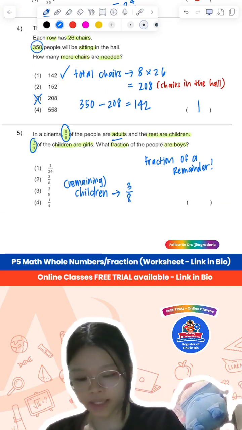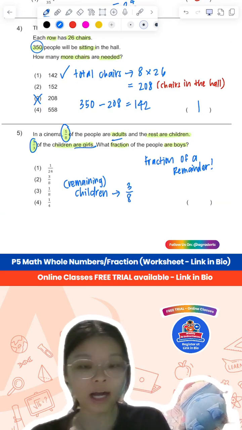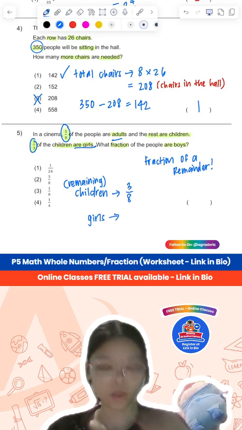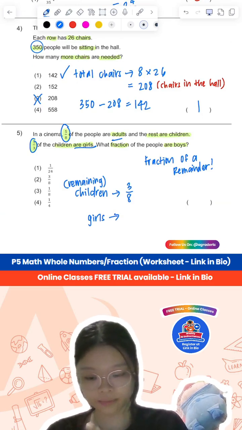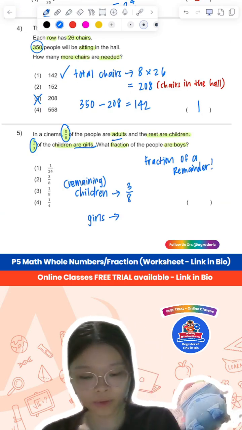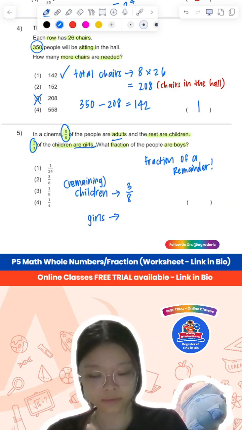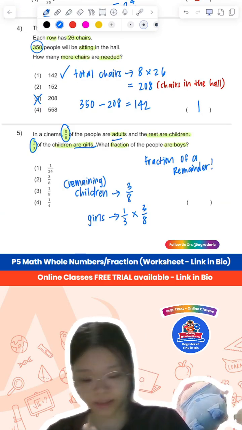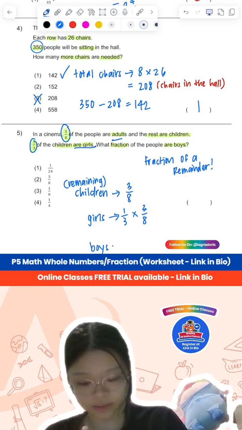And now they say 1/3 of the children are girls. So I can find the girls. Okay, the girls are 1/3. So if the girls are 1/3, can you tell me what about the boys then? The girls is 1/3 times 3/8. I don't want to find it yet. I can actually straight away find the boys. How do I find the boys?